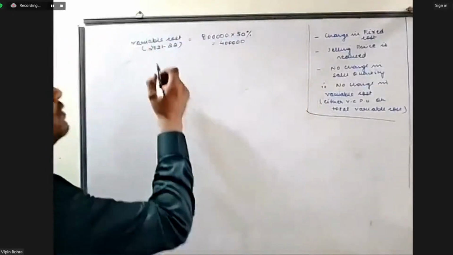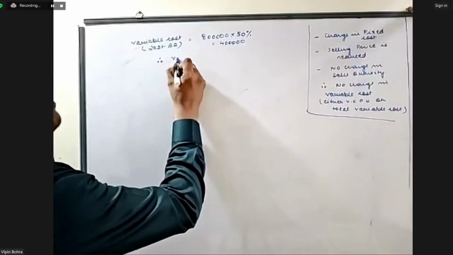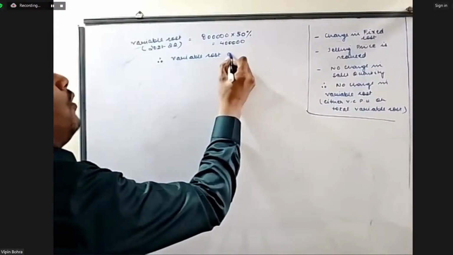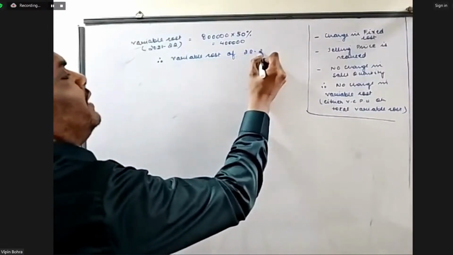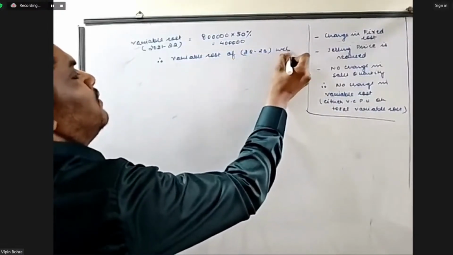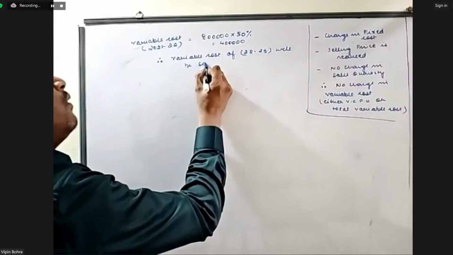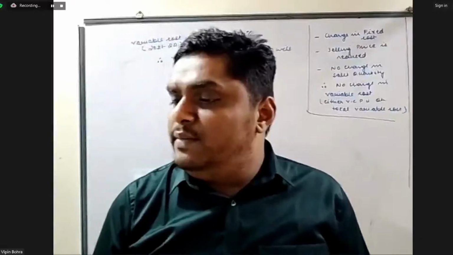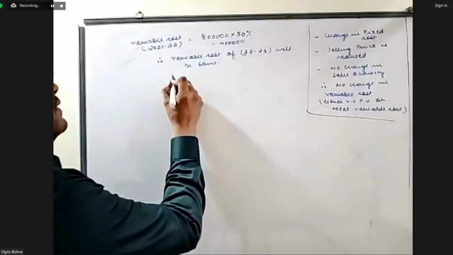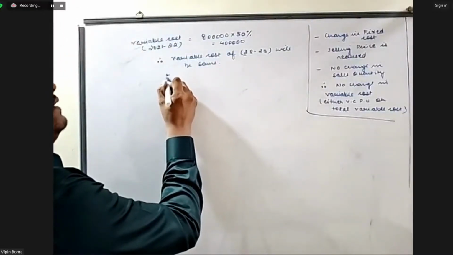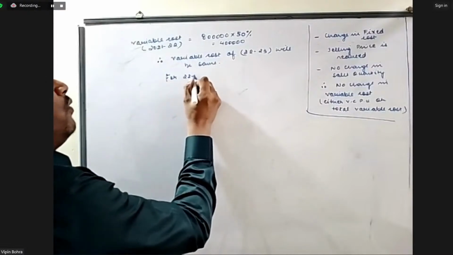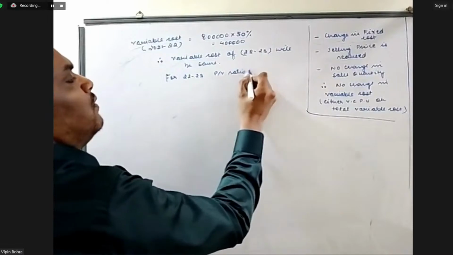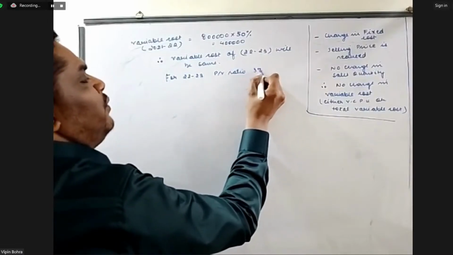Therefore, variable cost of 22-23 will be the same. So herein for 22-23, PV ratio is 37.5%.